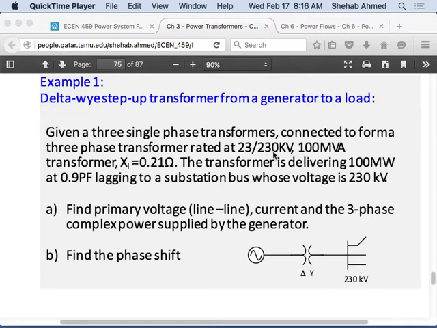But on the primary side, this line-to-line voltage is 23 kilovolts. If I want to draw the single phase equivalent circuit of the primary, I would have to take this 23 kilovolts and do what? Think of a fictitious star that's connected and deduce what the phase voltage would be, right? But what would the phase voltage be?